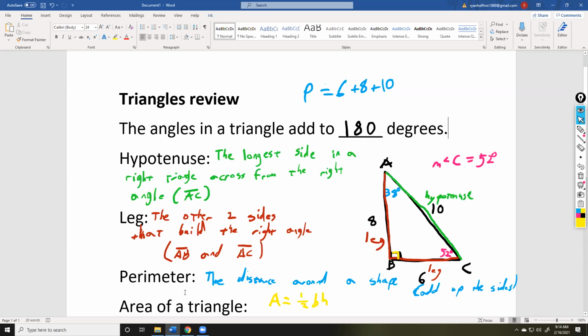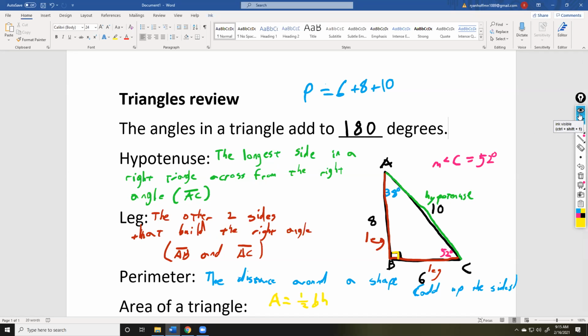And then I wanted to make sure we had our difference between perimeter and area. Perimeter is our distance around the shape. The area is, if I were to shade inside the shape, how much area would that be? 1/2 base times height. Find perimeter, we just add up all the side lengths.